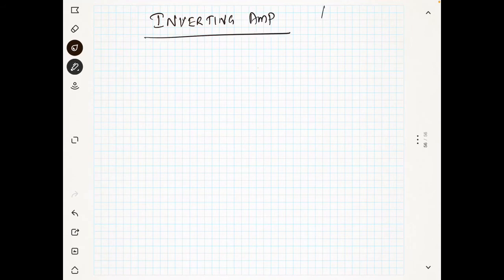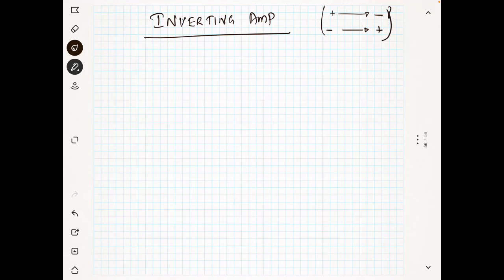So what is this? If you give the positive input, the output will be just the opposite of the input. That means the negative sign you will get. If you give the negative voltage, you will get the positive at the output. Okay, this is the beauty.